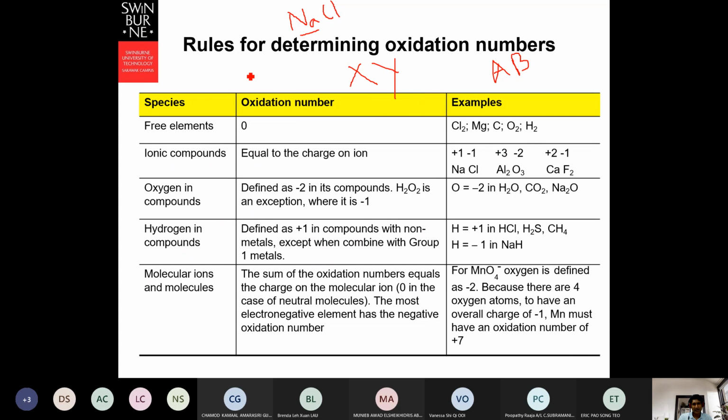Let's say sodium is X here and chloride is Y. That's why I said XY. So for sodium chloride, when we write this, we do not show any charge on them. There is nothing, right? Sodium hydroxide also, OH. We just write it like this. We do not write any charge, or any negative, positive sign, isn't it?